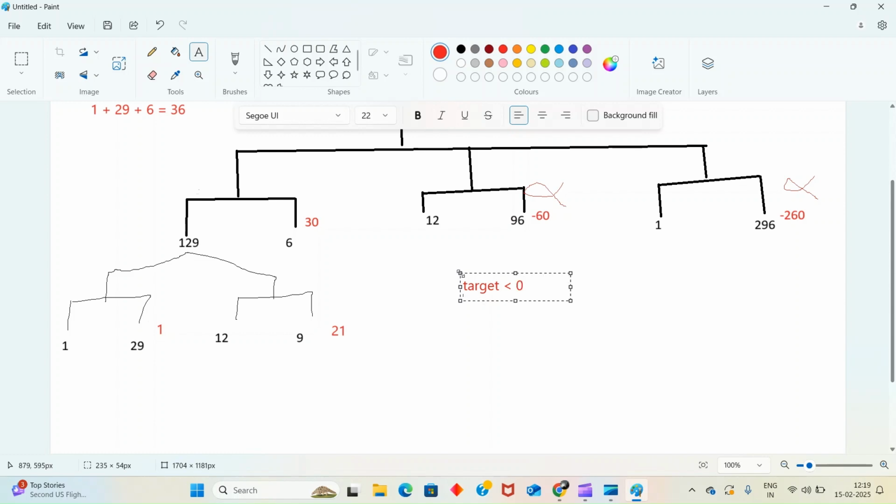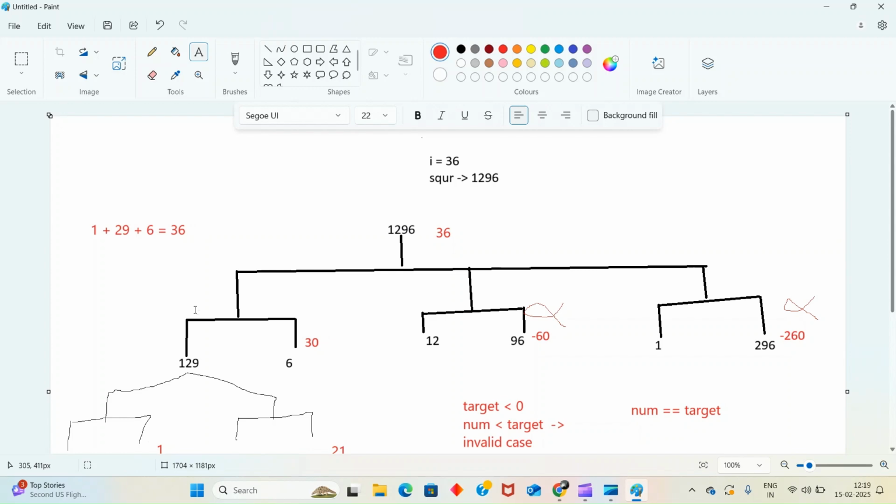And when my number is less than my target, these are invalid cases. The valid case is when my num gets equal to target.